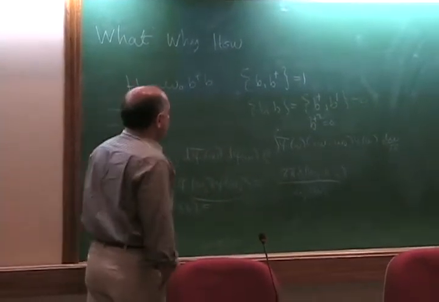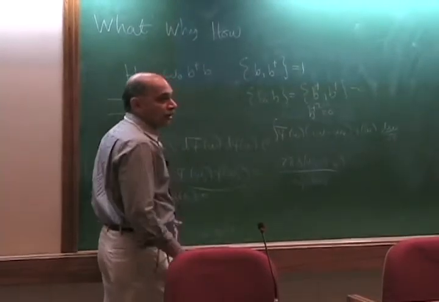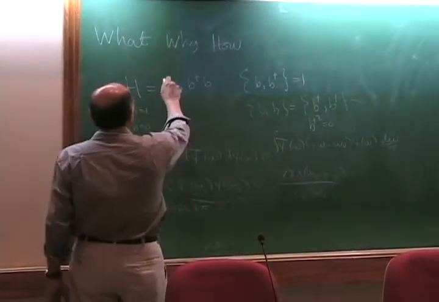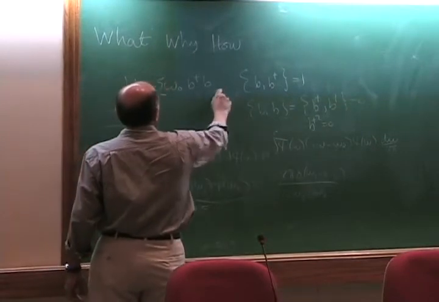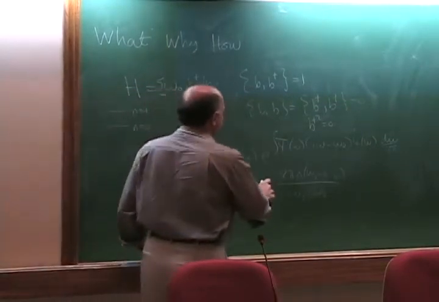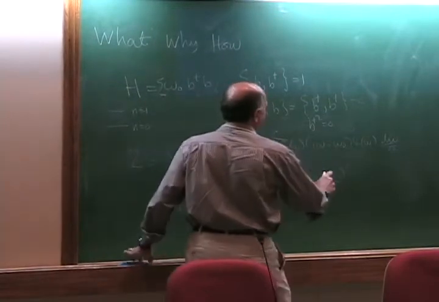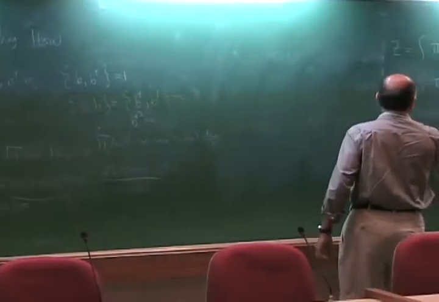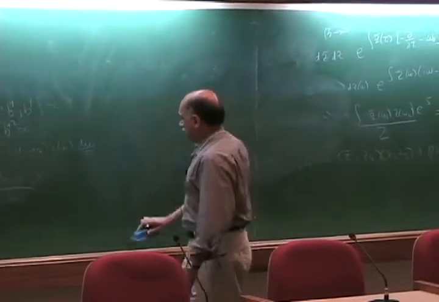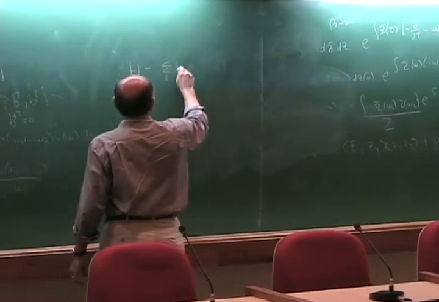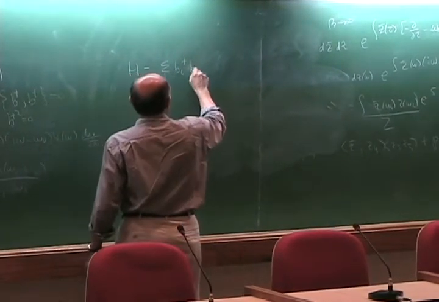Then what are the embellishments of this problem? What can you do to make it a little more interesting? Well, you can go back and say, I want many oscillators. If you've got an oscillator problem with many, many fermion oscillators, then suppose your Hamiltonian looks like the sum over i of omega naught b_i dagger b_i.